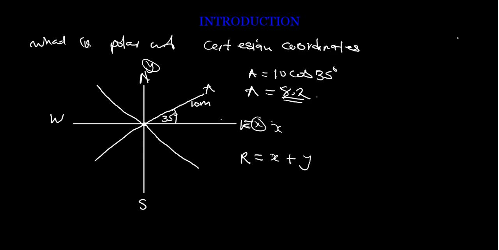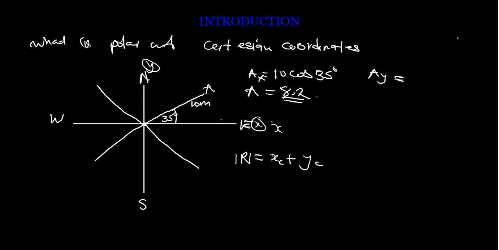So for the same A, this was the x component. Let me write an a x here. This is now the y component. These were components, by the way. So this is our formula for components.